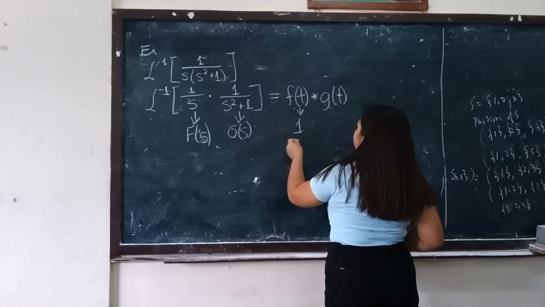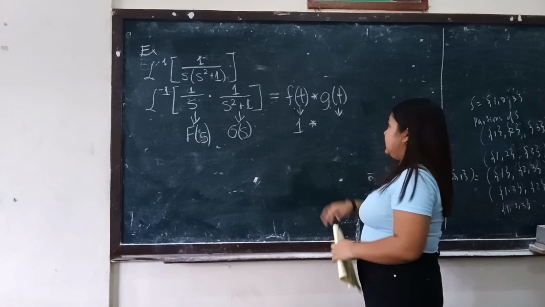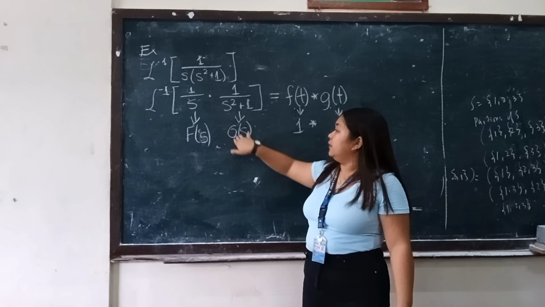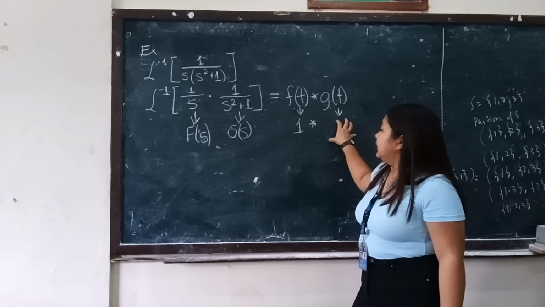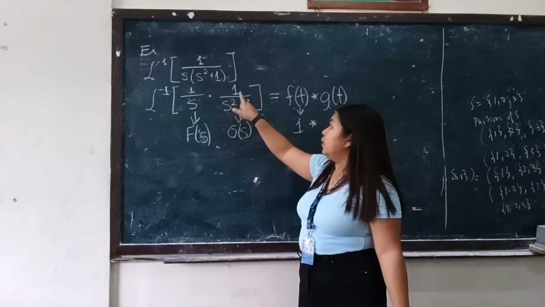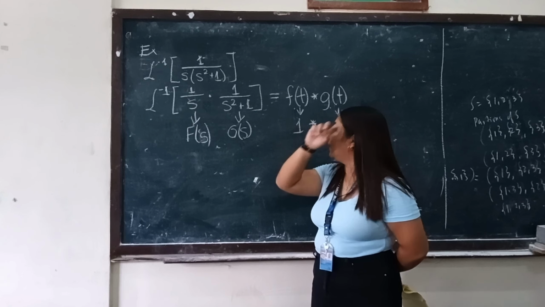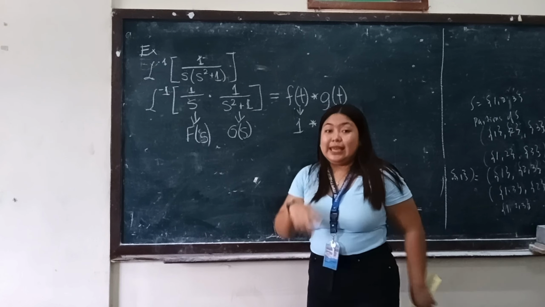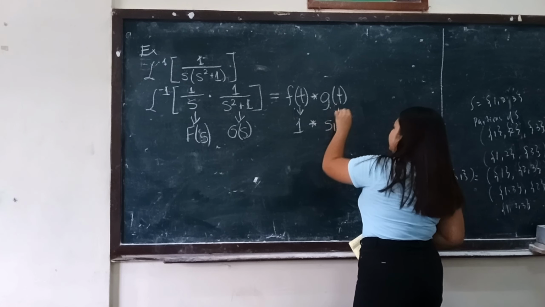The g(t) is the inverse Laplace transform of 1 over s squared plus 1. What is it? It is sine t.